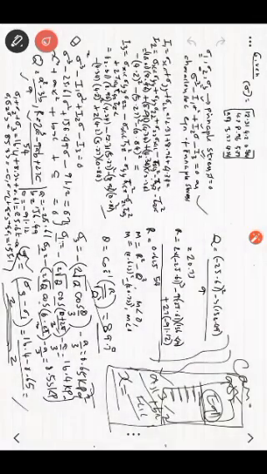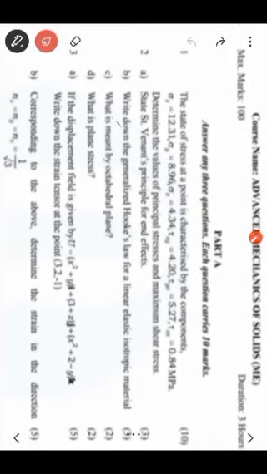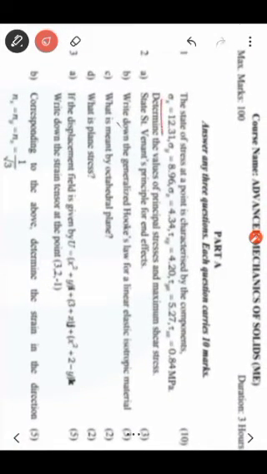Same way, go to this problem. The state of the stress is given. What they have given is sigma xx, sigma yy, sigma zz, and tau.